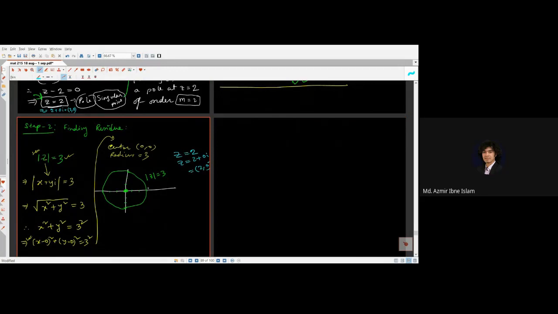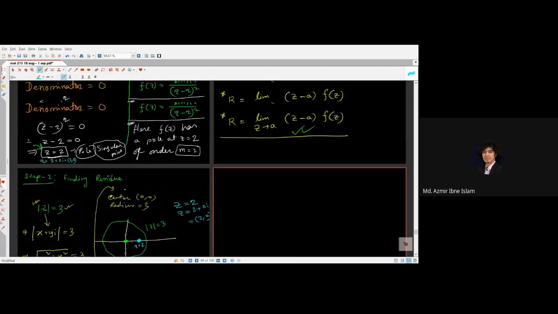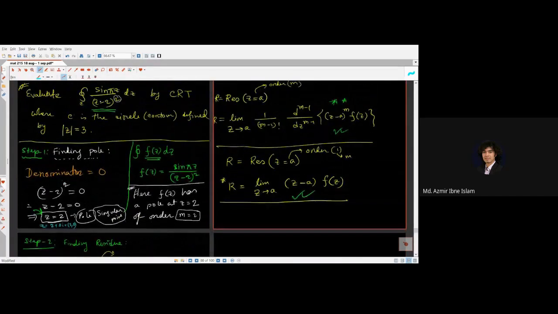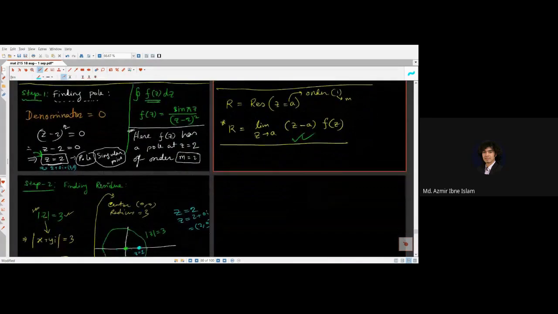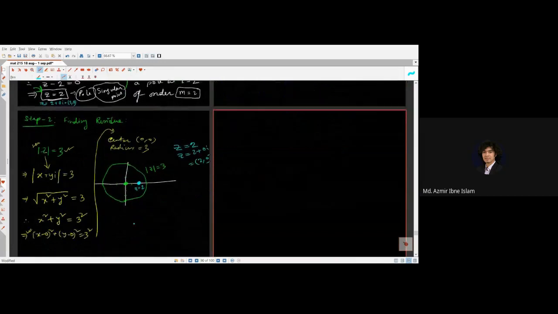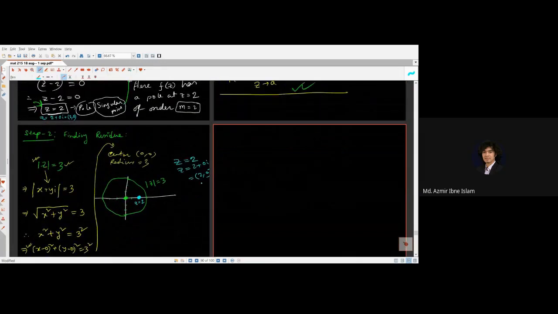Let's locate the point (2, 0). Is (2, 0) inside the circle? Yes. That means 1 2 3, so 2 is here. So z equal to 2 is here. At this point, the function is not analytic. That's why this is called the pole. But since it is inside this circle or this contour, we have to find the residue now.